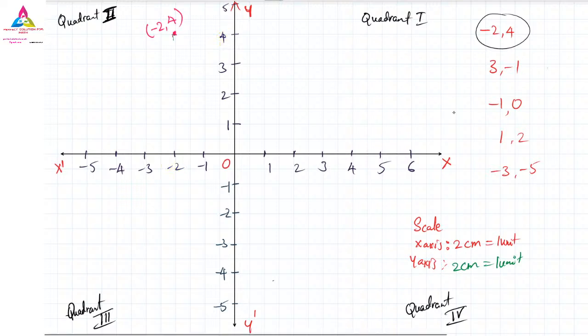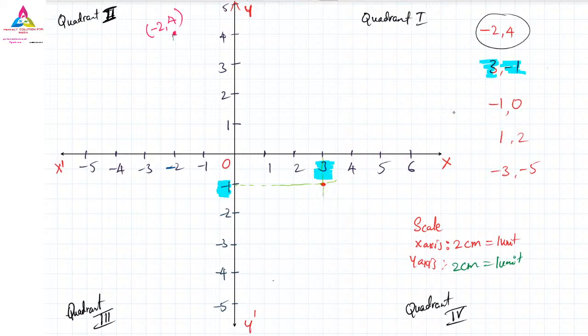That is exact. The next one is 3 and -1. The 3 is positive value, so 3 is positive over here on the x-axis. And -1 is negative, that is the y value. The y value -1 is here. And if you draw the 2 lines continuously, they will meet at a point here.